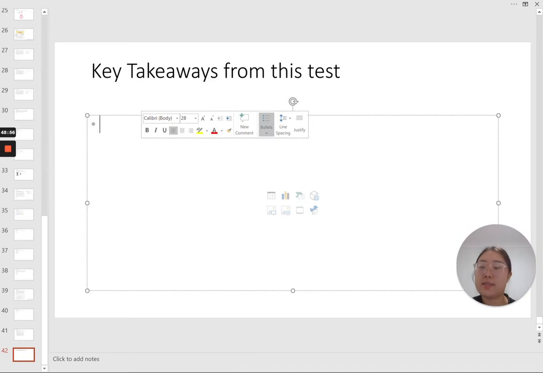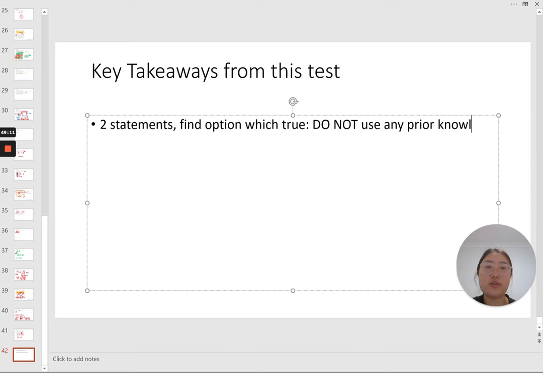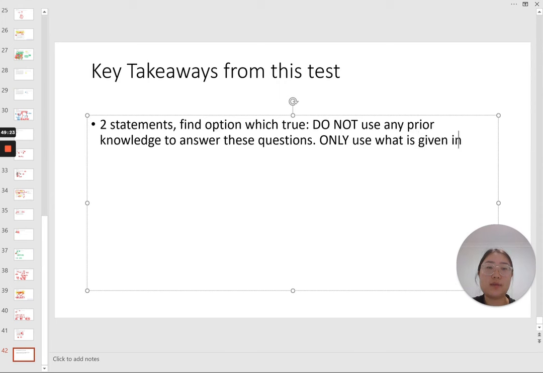Let's talk about the two statements, find the option which is true questions. Do not use any prior knowledge to answer these questions. Only use what is given in the question.